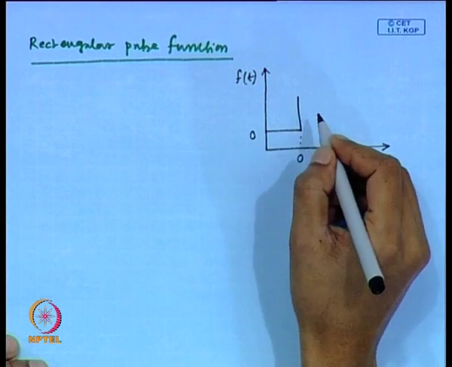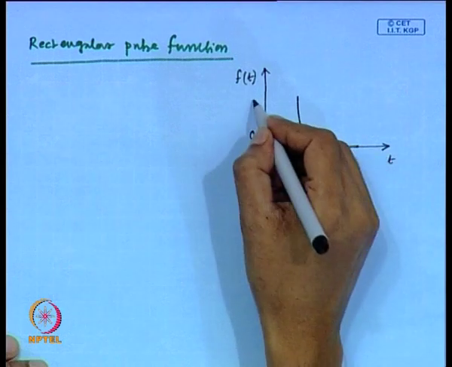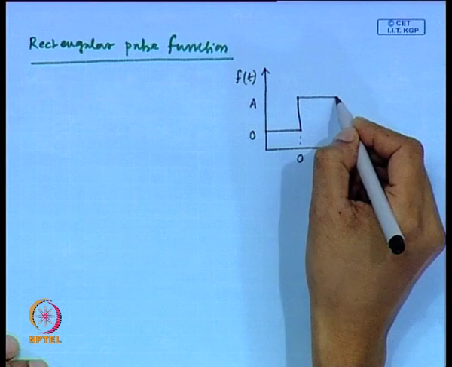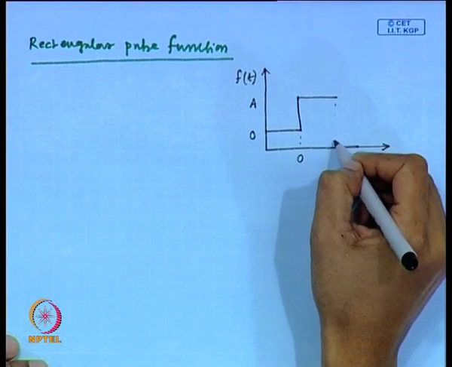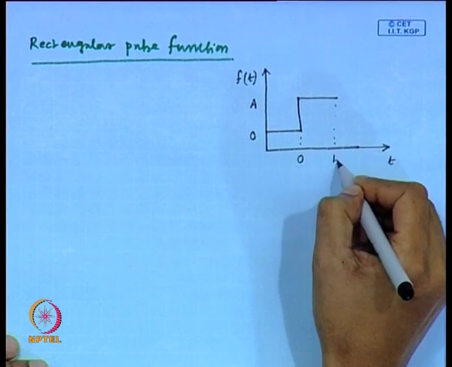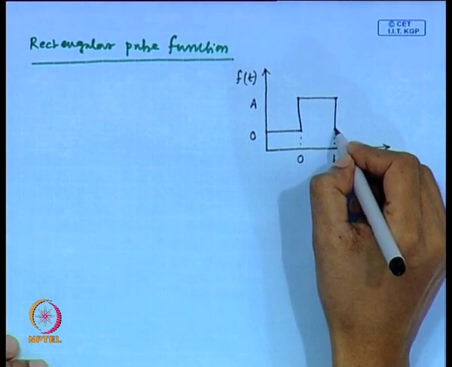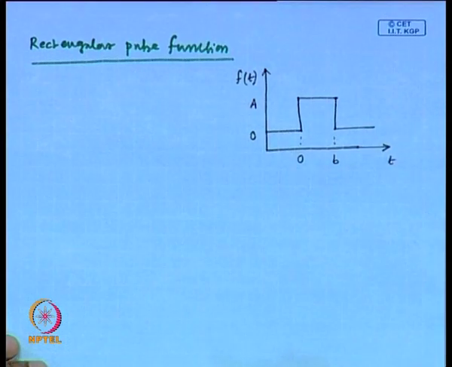by unit of suppose a, then it remains there up to time b, then it returns to the old value. This is the graphical representation of a rectangular pulse function. Fine.